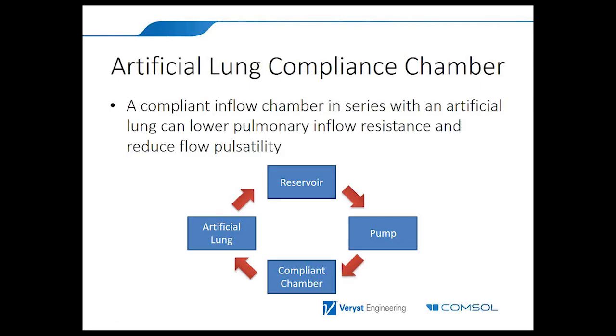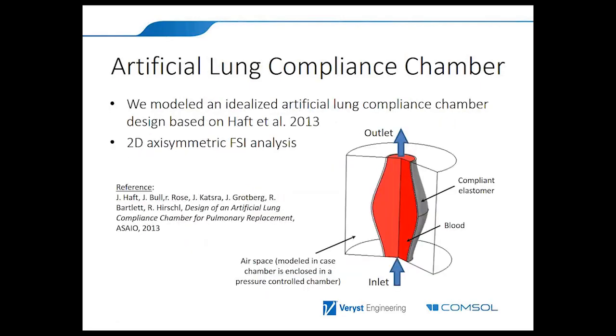It was a 2D axisymmetric FSI analysis. The blood comes in from the bottom, comes out from the top. This is the compliant chamber. And depending on the specific design, you may want to model the airspace around the chamber, because that could be in a pressure-controlled chamber, so that would affect the performance of the compliance chamber.